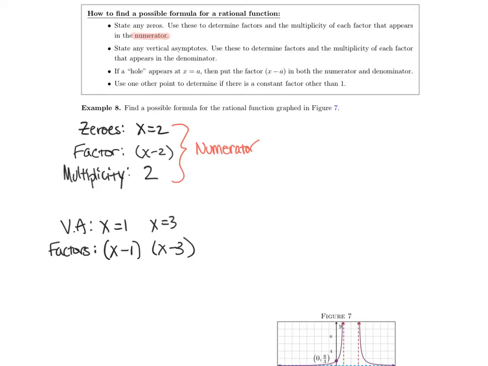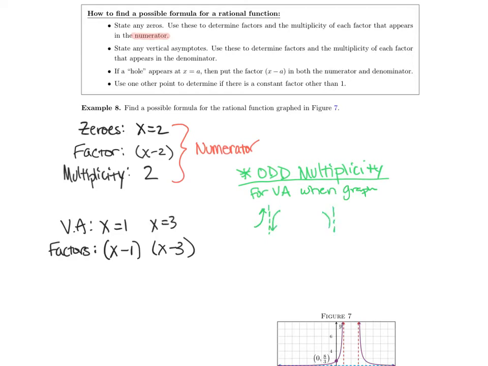So I'll do this in green: if we have an odd multiplicity for a vertical asymptote, it's when the graph kind of looks like that 1 over x graph that we have. So if we have an asymptote, my ends are going in opposite directions. So it's going to look something like this, or like this. This is what you're going to see most of the time.